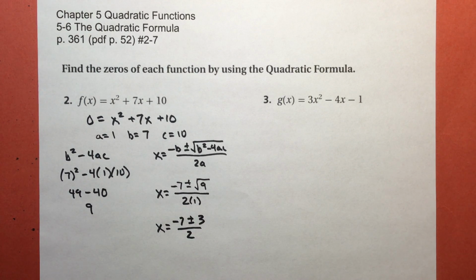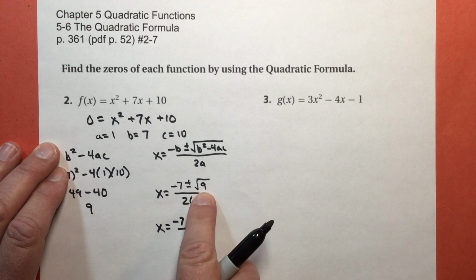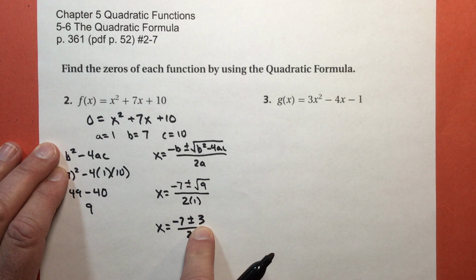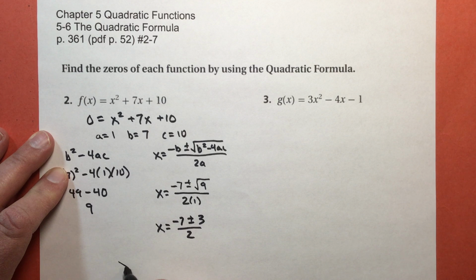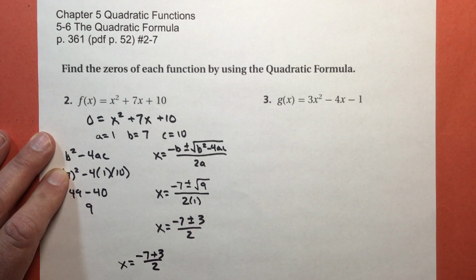Do not stop right here. Since I took the square root of 9 and got 3, I don't have a radical anymore. Now I can keep working. So I get x equals -7 plus 3 divided by 2. -7 plus 3 is -4. -4 divided by 2 is -2.